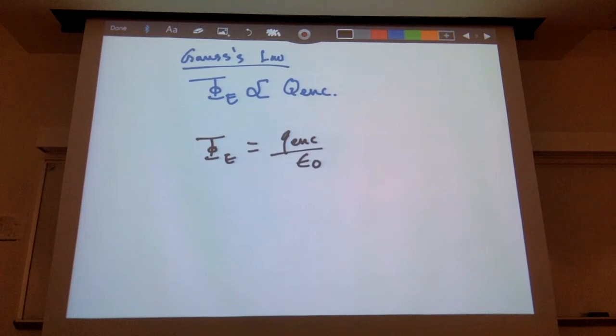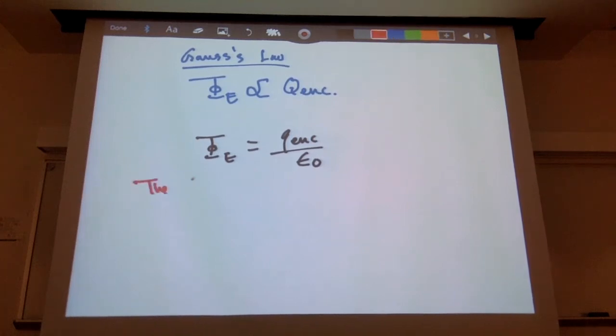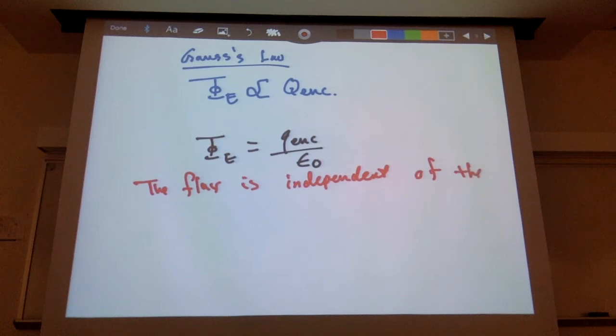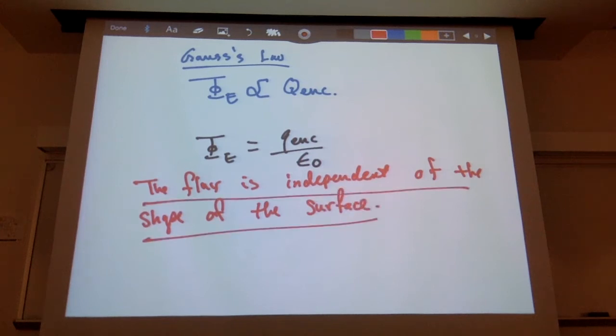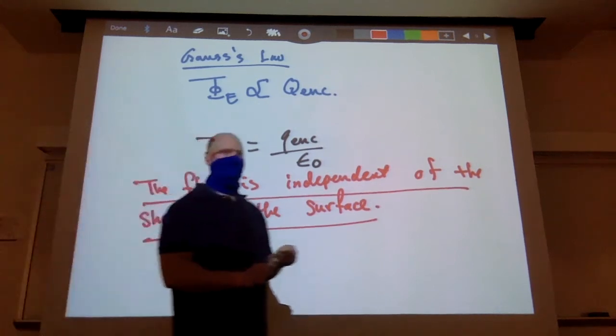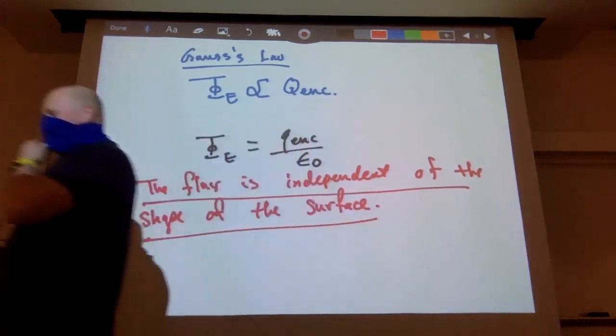So this overall statement says that the flux is independent of the shape of the surface. This is a big deal. And we're going to use this to our advantage, and I'll show you how when we get there. Why is this a big deal?